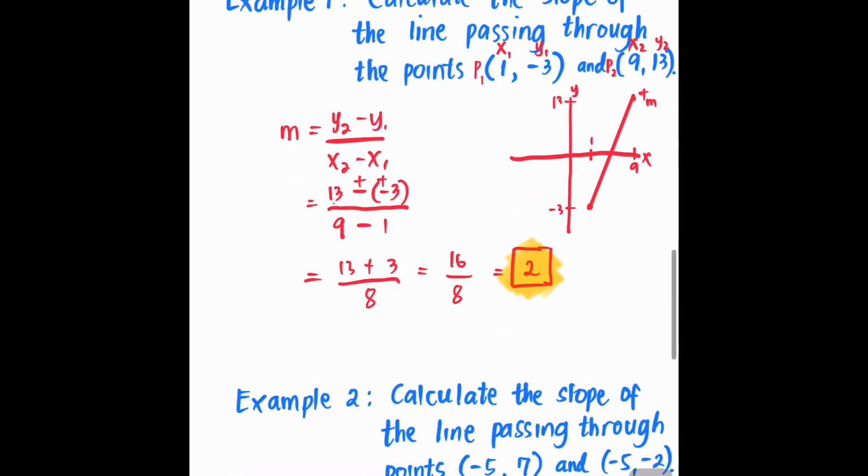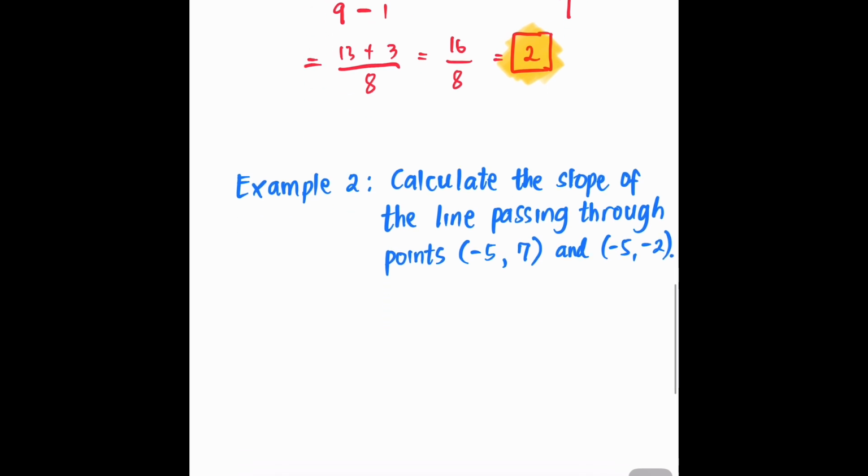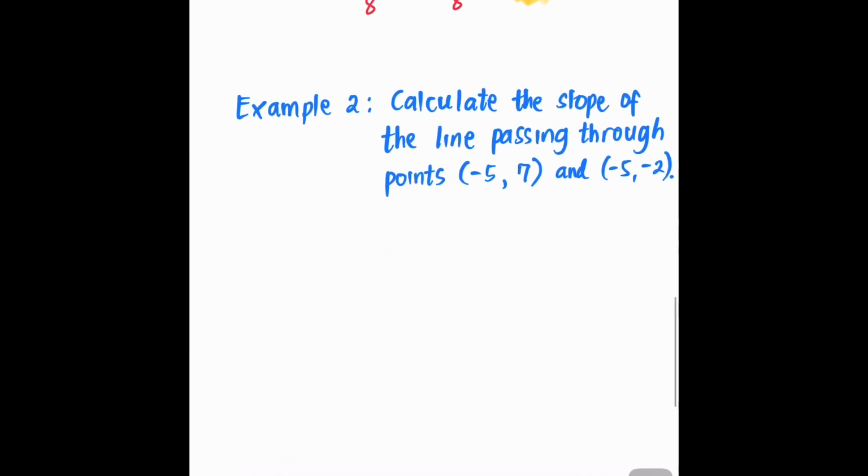Example number 2. Calculate the slope of the line passing through (-5, 7) and (-5, -2). So again, if we draw and plot the points on the grid, for example, this is our first point, and then the second point.